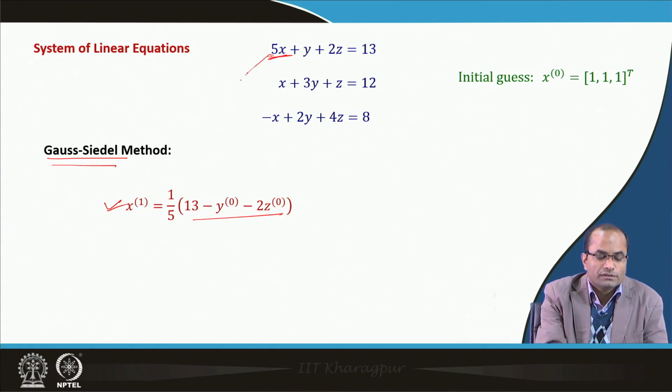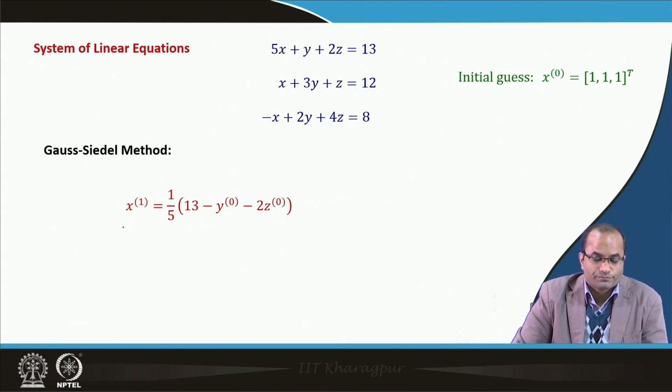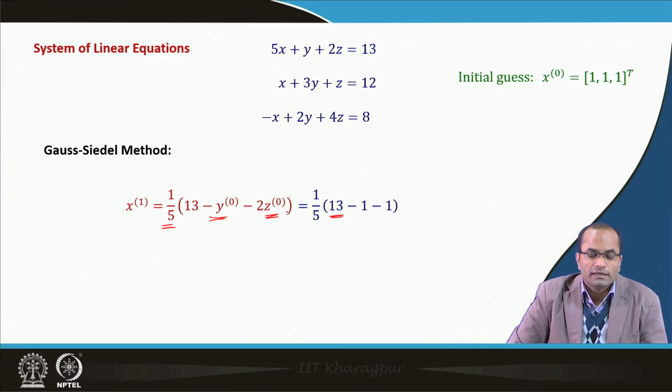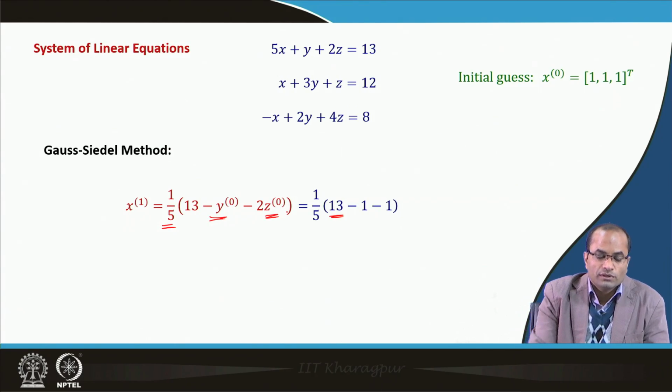So, from this equation we will write this as x 1 is equal to 1 by 5, and this y minus 2 z will go to the right hand side. So, we will have this iteration scheme, and then we have this 1 by 5 and 13, and since now we have only available values as the starting values, starting guess, that we can plug here 1 and then minus 1.